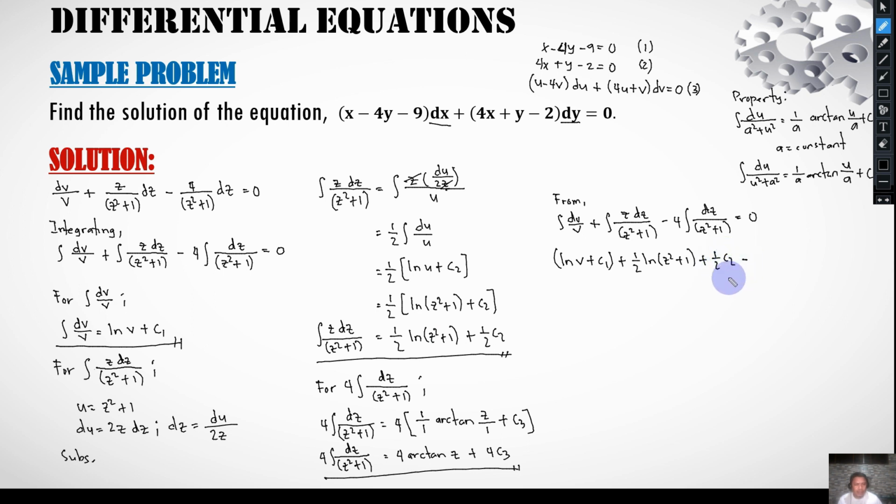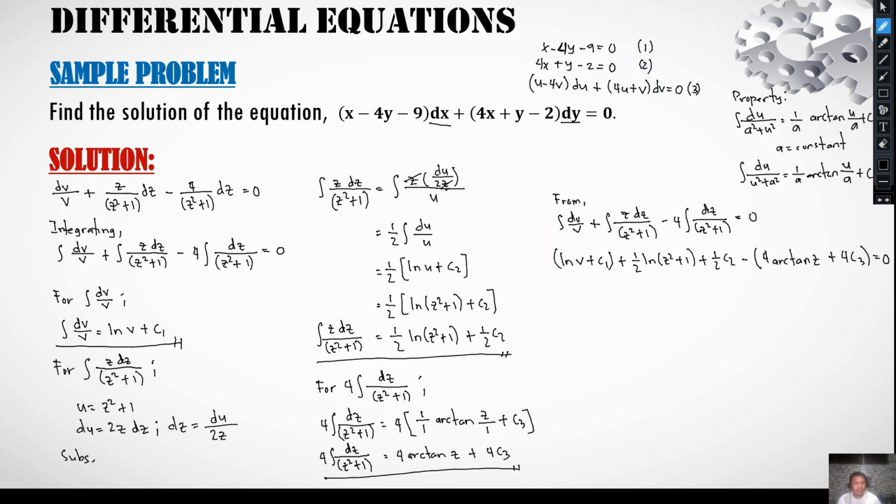And then minus itong 4 integral of dz over z squared plus 1. In which ito yun. So, this is minus quantity 4 arctangent of your z plus 4 of your C3 is equal now to 0. Okay?